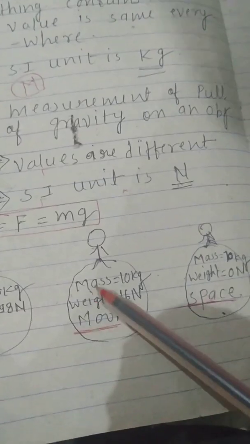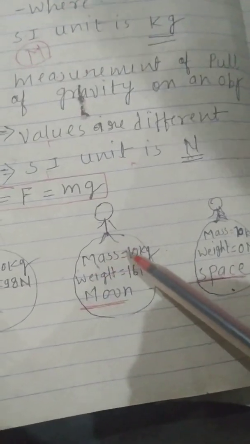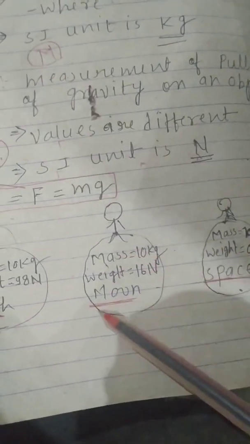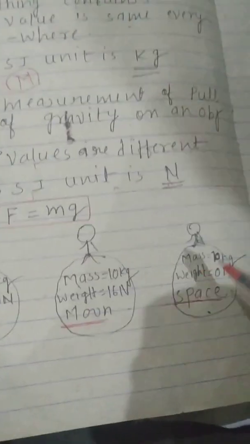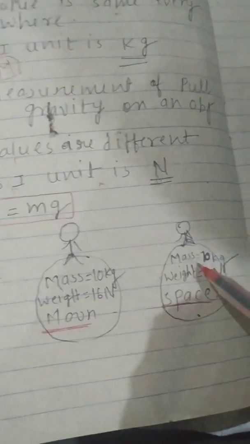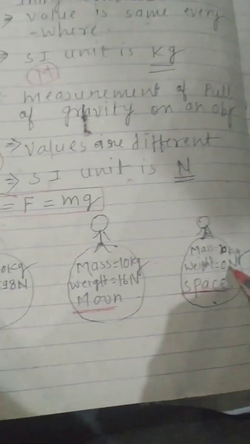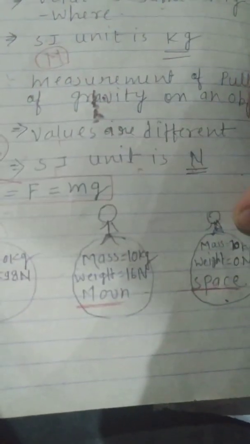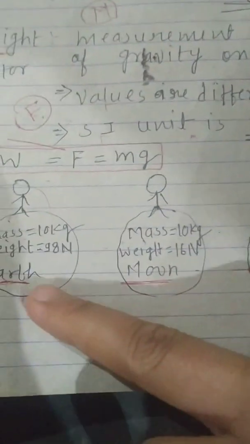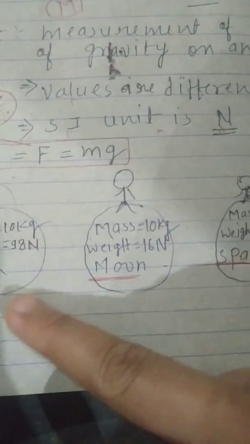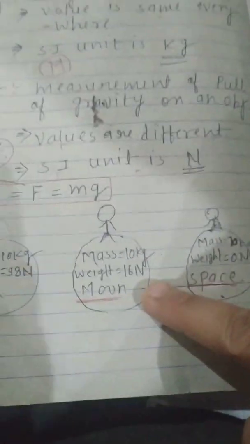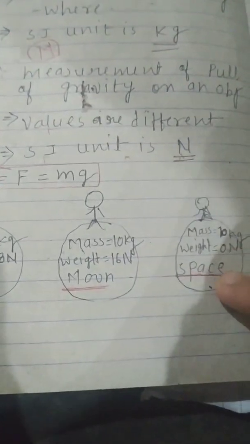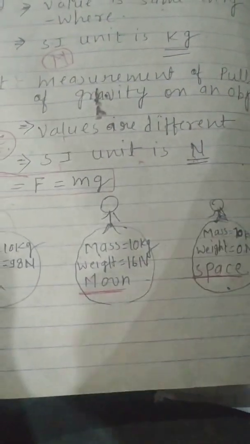At the moon the mass equals 10 kg and the weight is 16 Newton. In space the mass equals 10 kilogram and the weight equals 0. That means the mass of that person is the same but the weight is different: on the earth 98 Newton, on the moon 16 Newton, and in space 0 Newton. It's clear? Okay.